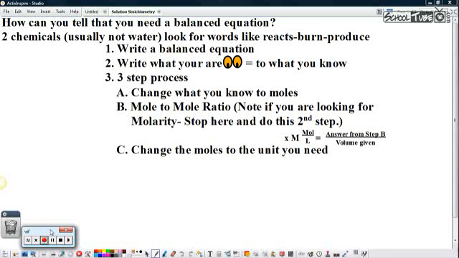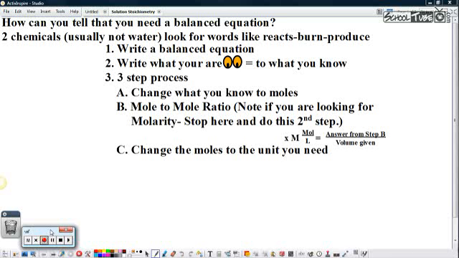When you read a problem and you have two or more chemicals in the problem, you have to write a balanced equation. The two chemicals in the problem are not usually water. But if there is water in it, you're looking for other words like react, burn, combust, produce.